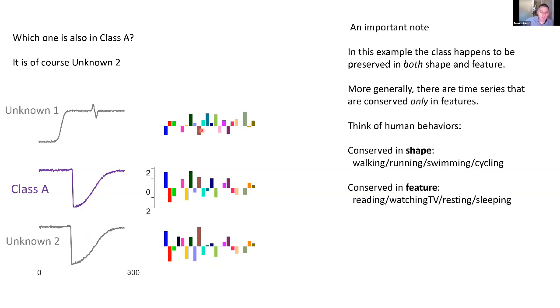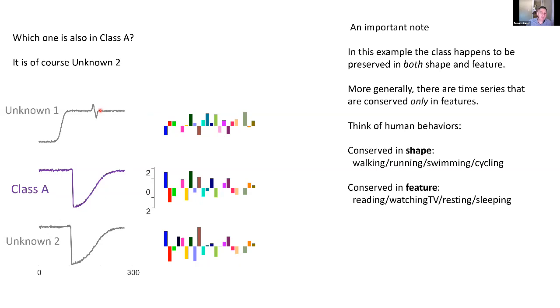Before I continue, an important note here. In this particular example, uniquely, it's true that the shape is conserved as well as the feature. But more generally, that will not necessarily be true, which of course is the whole point or power of this. There are cases where the feature vectors will be conserved, even though the shapes won't be, but they come from the same semantic class. So again, as I mentioned before, dynamic behaviors like walking, running, and swimming will potentially be conserved in both spaces.